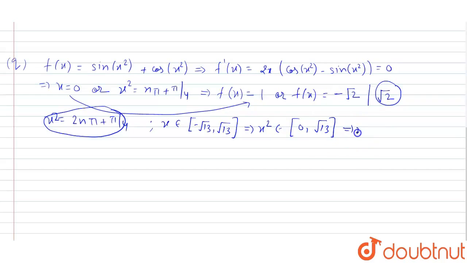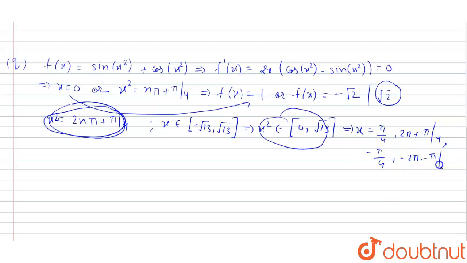So the values of x that satisfy this would be given as π/4, 2π plus π/4, and also minus π/4 and minus 2π minus π/4.